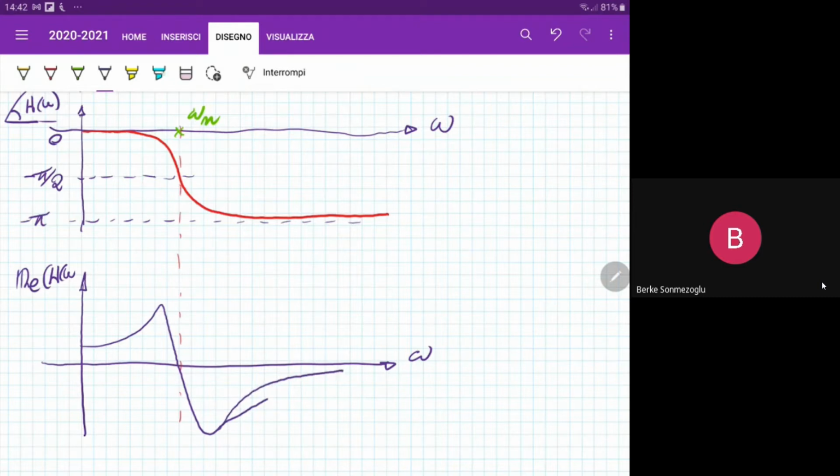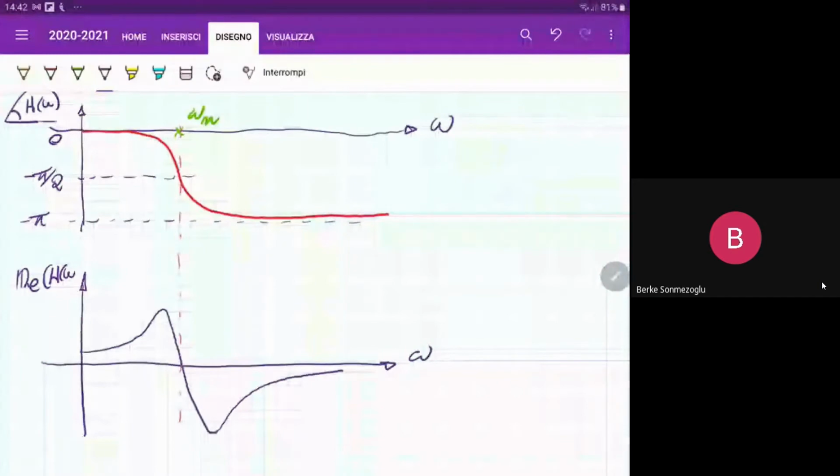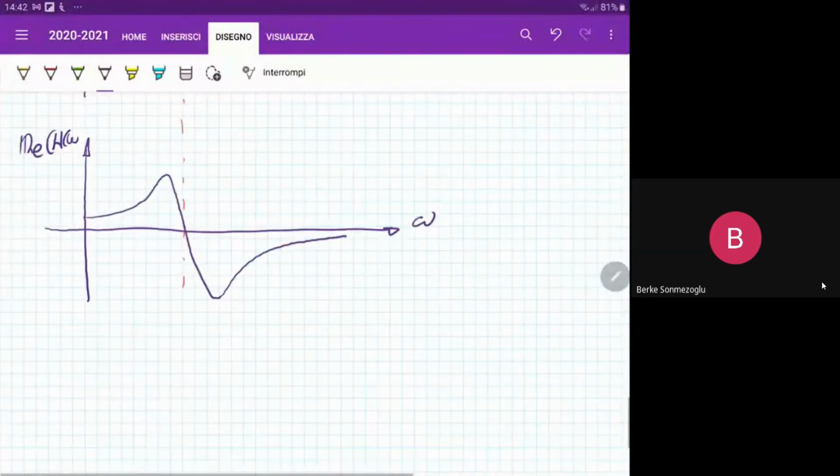And the imaginary part could be something like this.